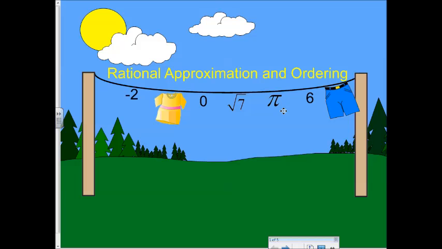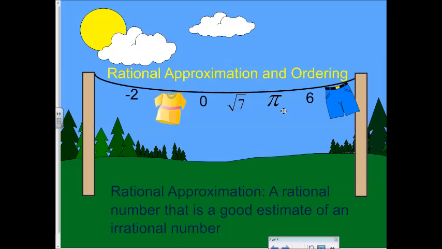Today we're going to talk about rational approximations and ordering numbers. We've talked a little bit about rational approximations. A rational approximation is a rational number that is a good estimate of an irrational number. For instance, the square root of 7 is an irrational number because there is no perfect square for 7.